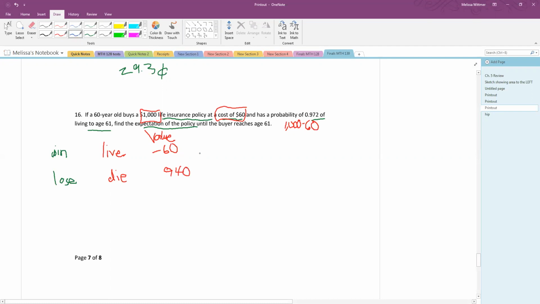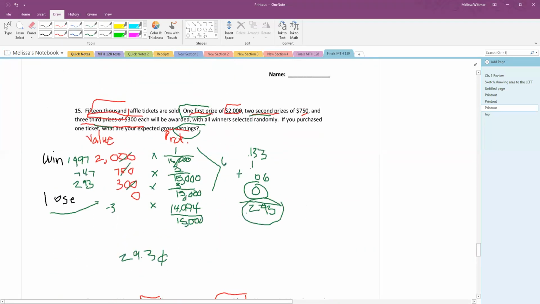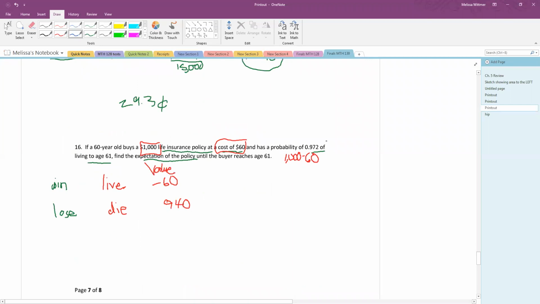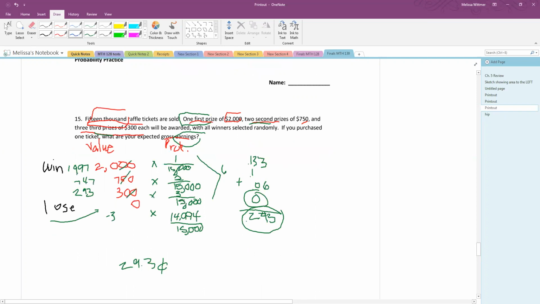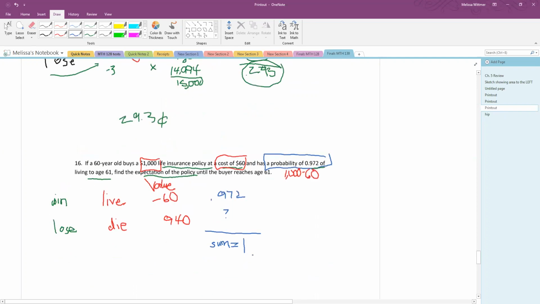Now we set up the probabilities. Now with the raffle tickets, it's always going to be a fraction where you put the number of chances to win out of the total tickets. With this, the straightforward probability given is a decimal, 0.972. That's the probability of living, so make sure you match that up correctly with the living, 0.972. Now this mystery right here is found by remembering that the sum of all of your probabilities in these expected values must always be 1. Up above, I would have gotten 15,000 divided by 15,000.